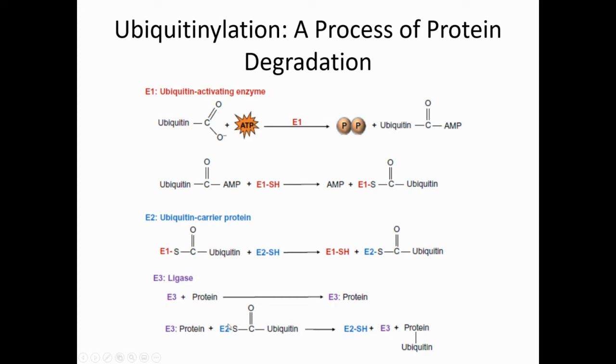This E2 transfers the ubiquitin to this protein, and now E2 and E3 are released, so the protein carries the ubiquitin. That becomes the ubiquitin-linked protein, which directs the protein to the proteasome for degradation. So that's the process for protein degradation.